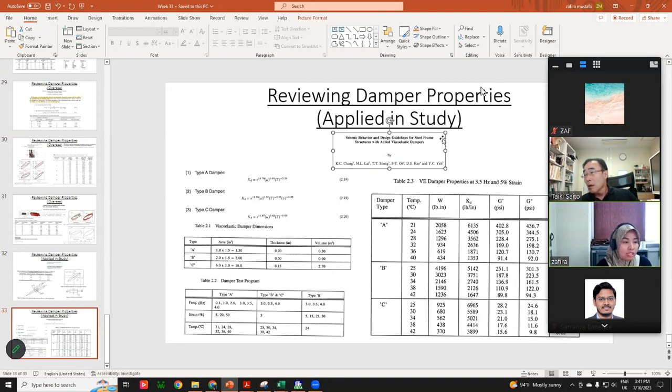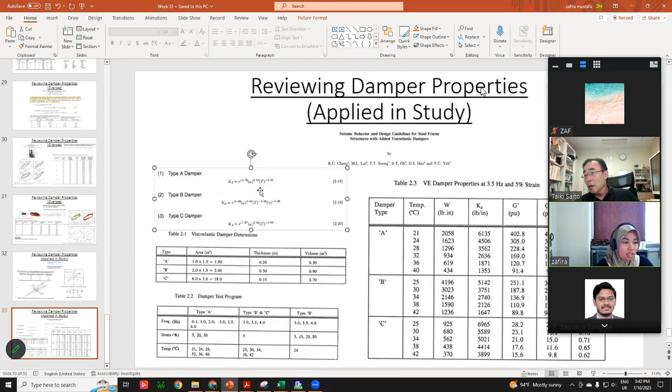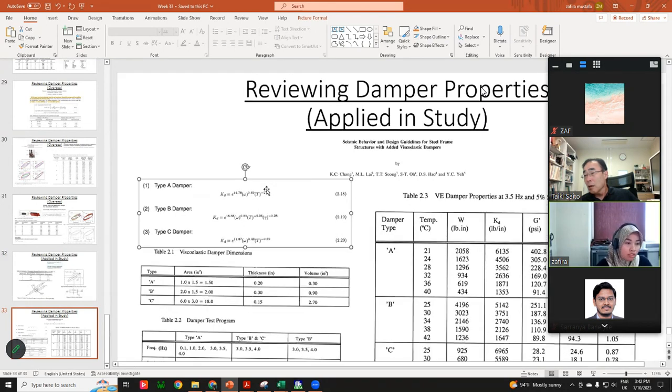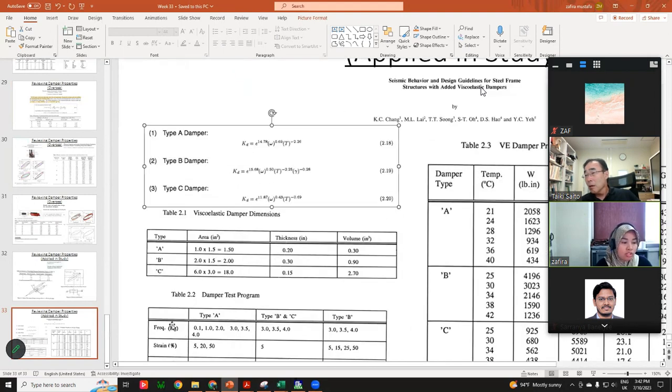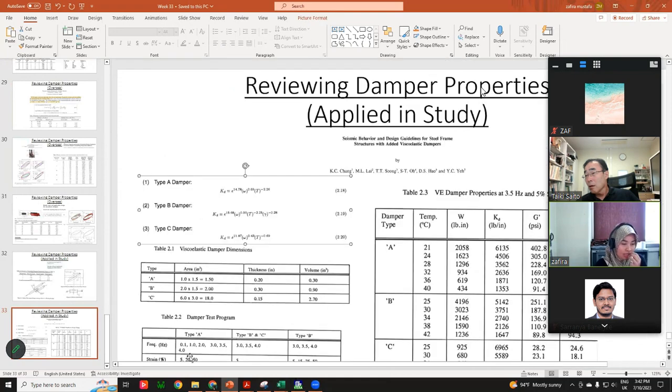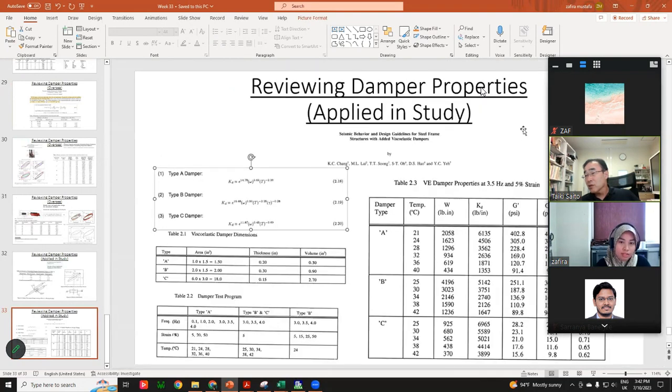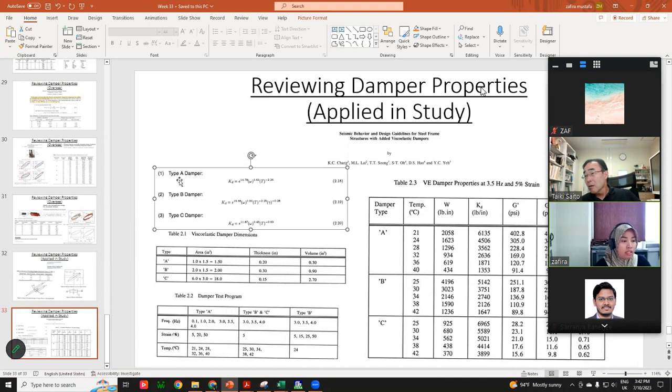So basically, we have three different types of viscoelastic material, and they use different equations to define the stiffness of the viscoelastic. They also did some frequency tests. So the three, A, B, C, is just the area and the thickness? No, the stiffness of the material is different.